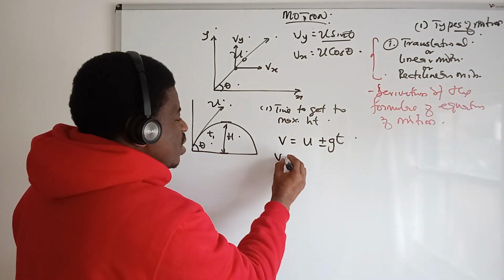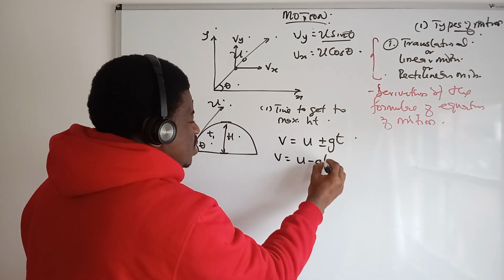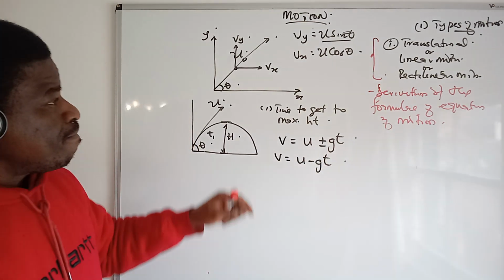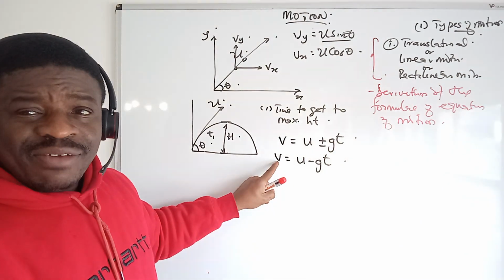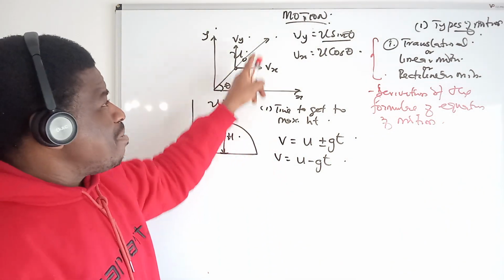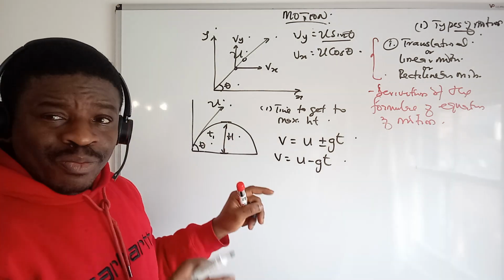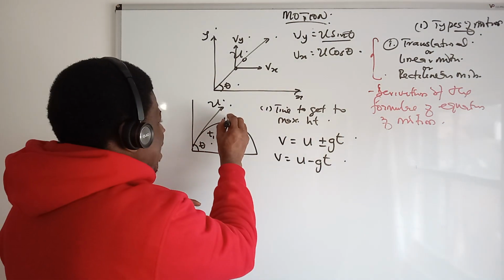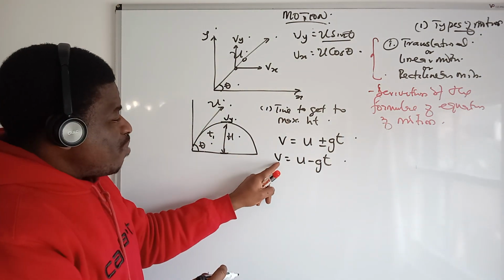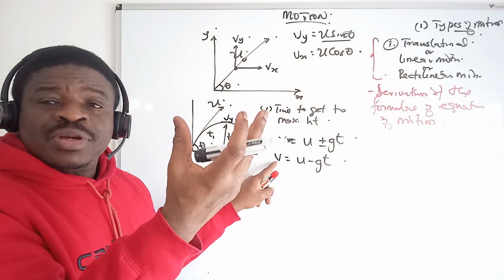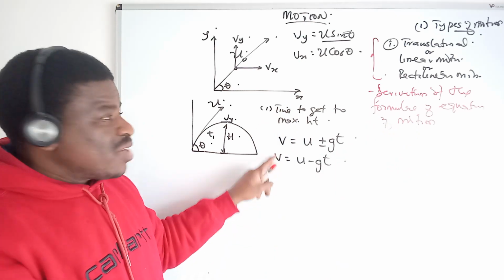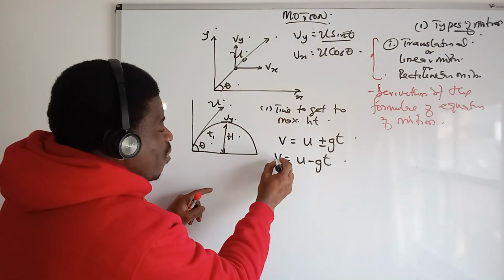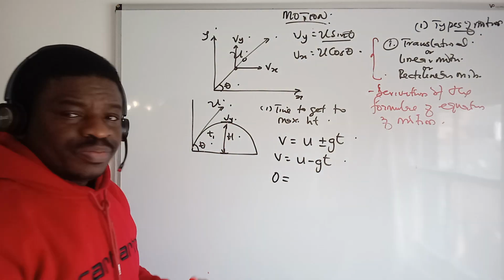So it's going to be V equals u minus gt. Then the next thing: at the maximum height, what is the final velocity? Vy, the final velocity, will be 0. That's why it can no longer go upwards. It's not coming down yet. So at that maximum height, your final velocity is 0.